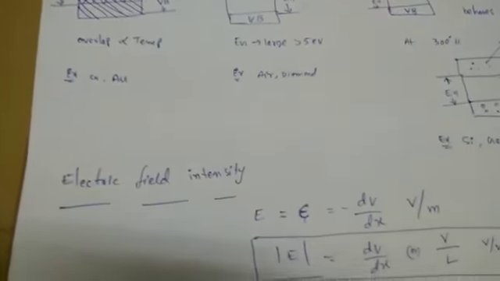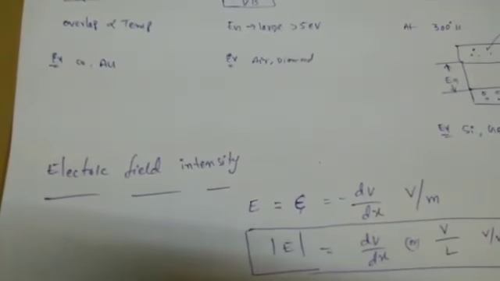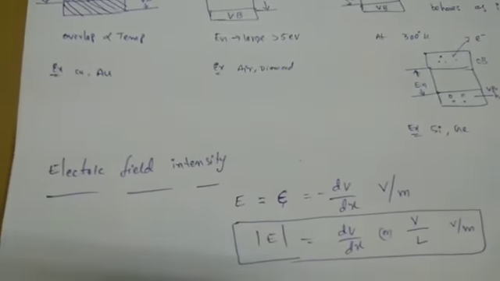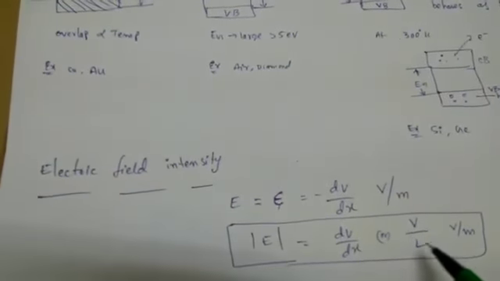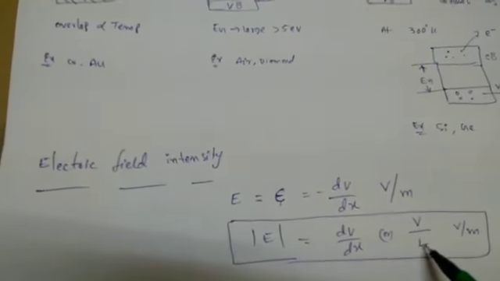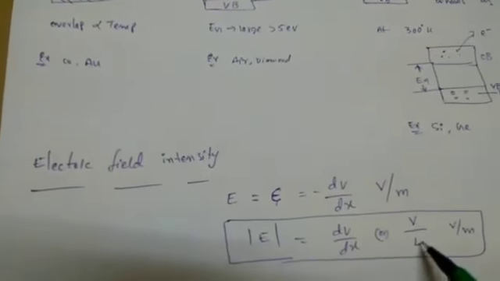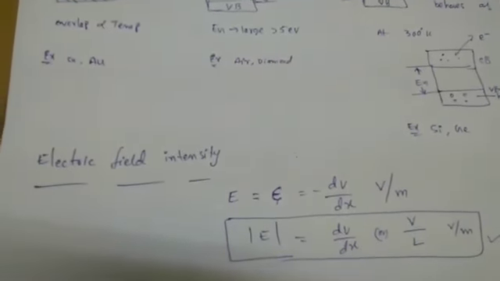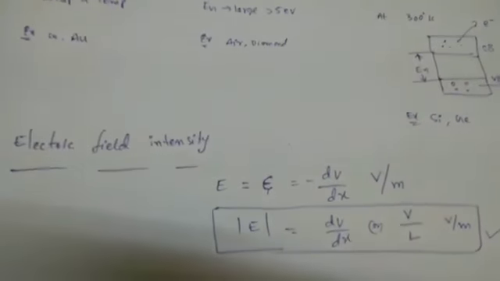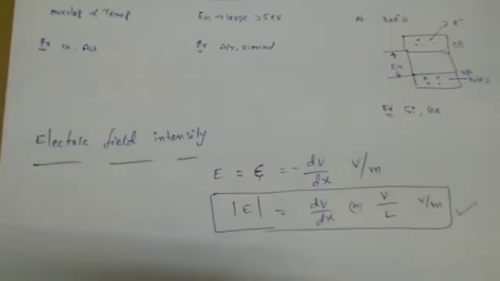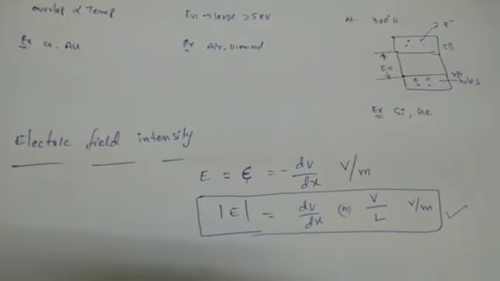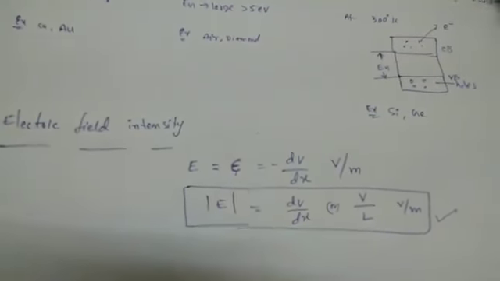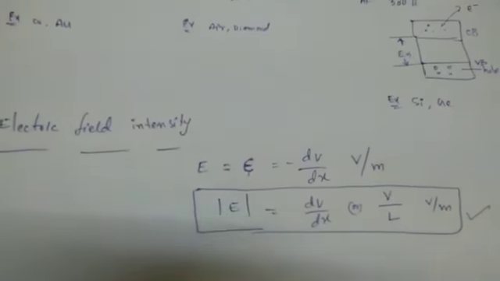Electric field is minus dV by dx, or if we take the modulus, dV by dx, or directly volt per unit length, that is volt per meter. Sometimes we get questions to find the electric field if we apply some volts per 1 centimeter also. So this is the electric field intensity formula.